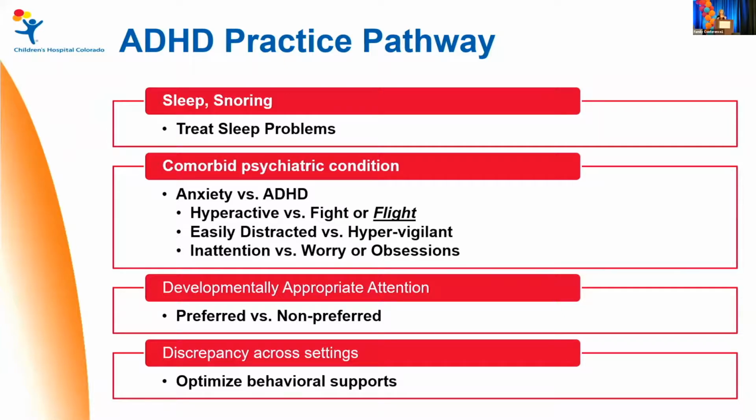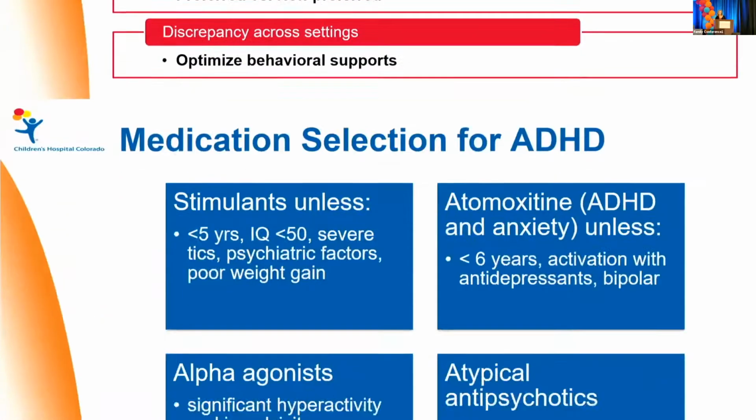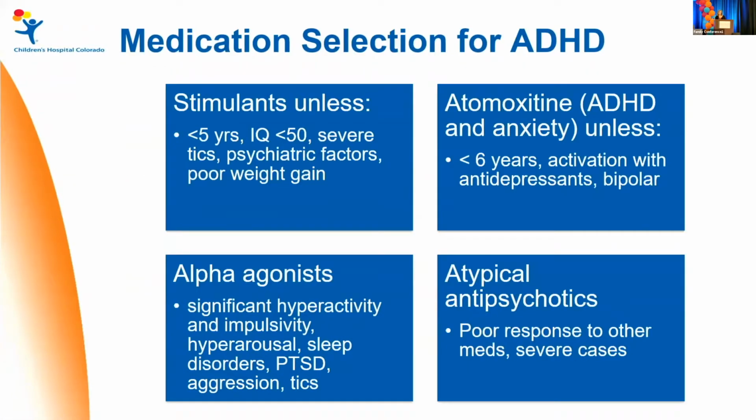Are you easily distracted or hypervigilant and paying attention to everything around you? And is inattention difficulty paying attention, or are you just too busy paying attention to your worries? And then also thinking about preferred versus non-preferred and the setting, and making sure you've optimized behavioral supports.